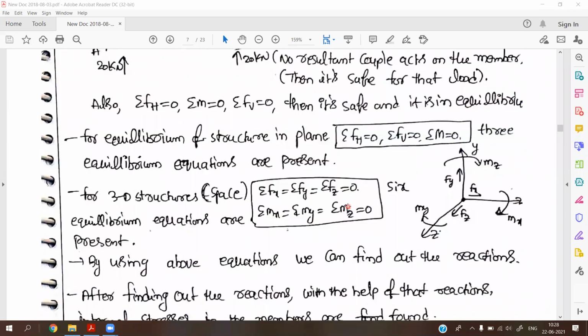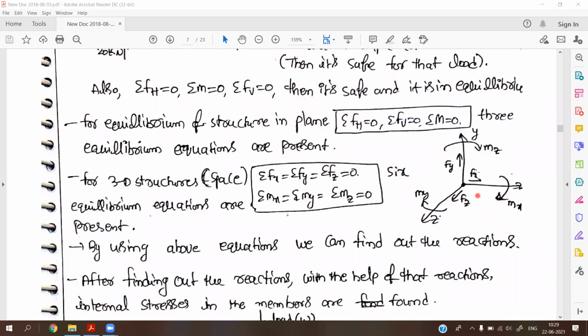If a structure is three-dimensional, then for the three-dimensional structure we have six equilibrium equations. Those six equilibrium equations are: summation of forces in x, y, z equal to 0, so three equations, and summation of moments in x, y, z equal to 0, so three more equations. Totally six equations.